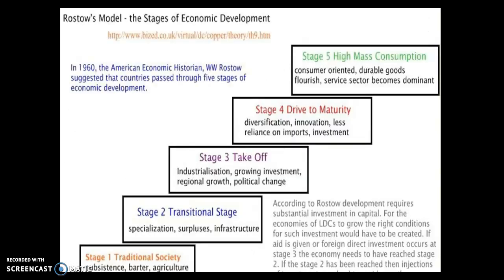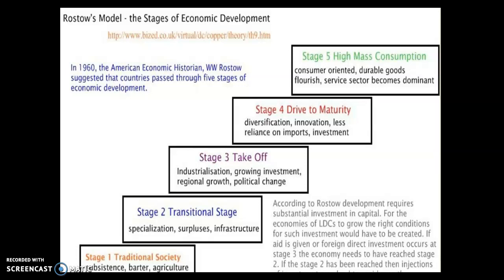Now, you can see a little bit more detail on this slide, and it talks about this guy, Rostow, an American economic historian. What a fabulous job that must be. So you get an idea that that's his perspective.